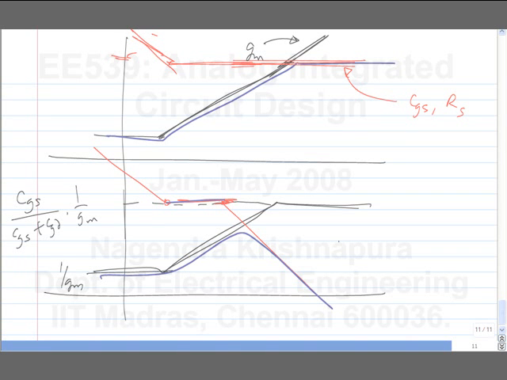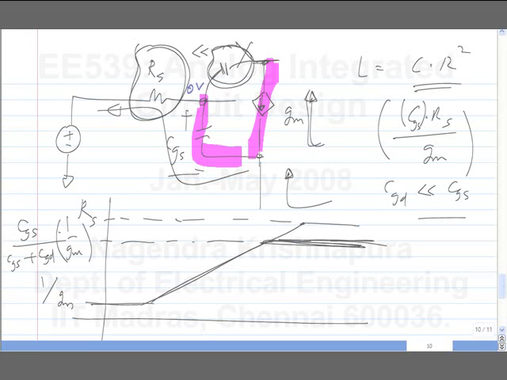So when we have this CGD, the effective GM is actually decreased, right? So basically 1 by GM should increase. No, effective GM? No. At low frequencies it doesn't have any effect, right? Because at very low frequencies, this point is at 0 volts because of the resistance. So the entire applied voltage appears across this. So at high frequencies, when we are having this capacitive division, basically the voltage is represented by this part of it.